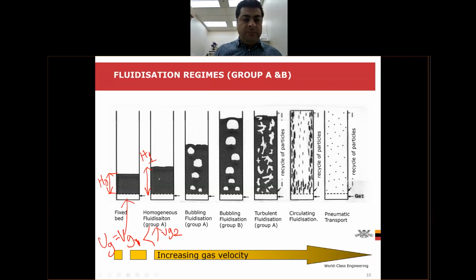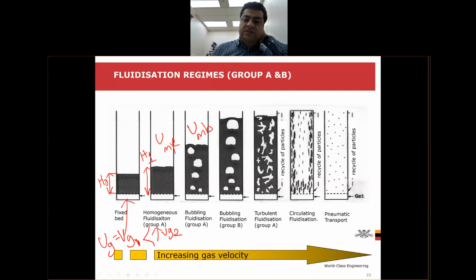But at another level of gas velocity, you see the bubbles. So the velocity at which the particles start to move around, we call UMF, minimum fluidization velocity, and the velocity at which you start to observe some bubbles, we call minimum bubbling velocity. So always minimum bubbling velocity is more than minimum fluidization velocity.